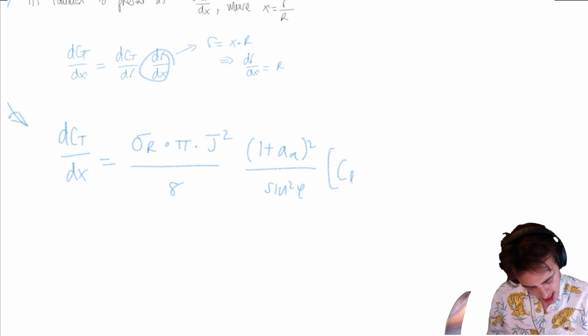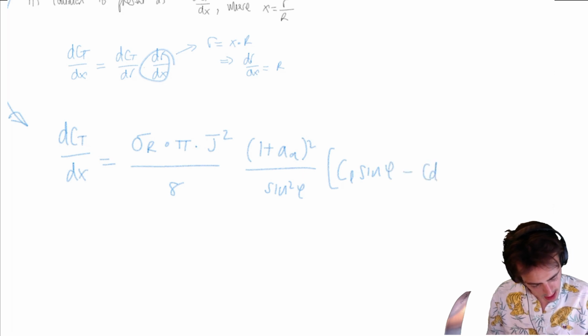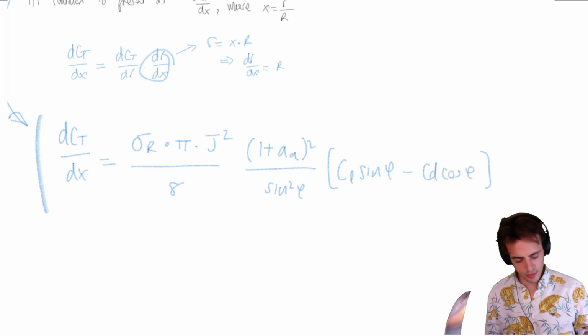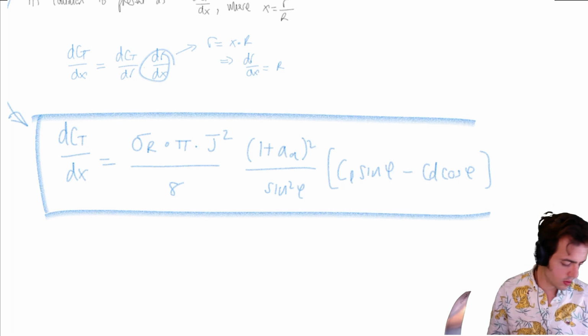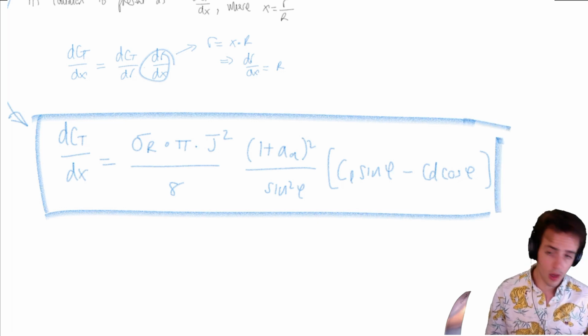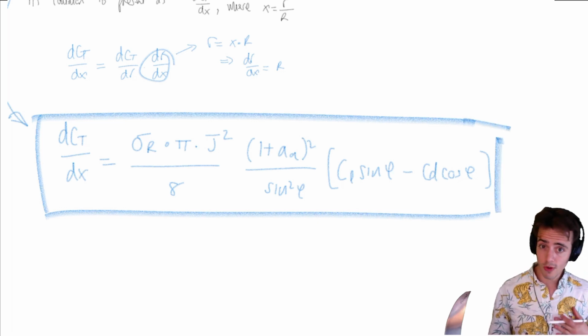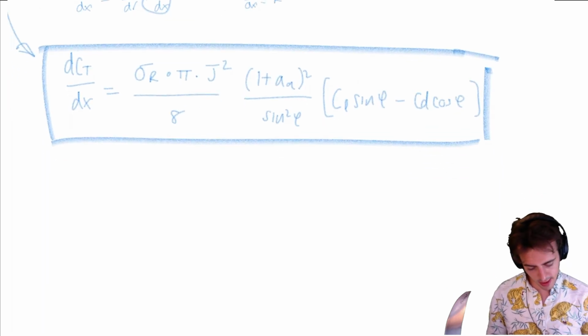So I'll say CL sine phi minus CD cosine phi. This is my non-dimensional thrust gradient for a propeller, and let's see the things that it's a function of.